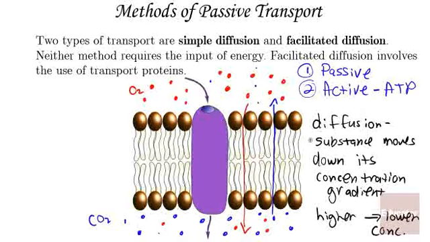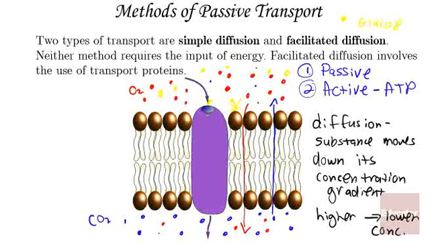Glucose is not able to cross the cell membrane on its own generally, and I may have a lot of glucose on this side. So yellow is going to be glucose. So glucose naturally wants to go down its concentration gradient, but it can't because it can't cross through the cell membrane.